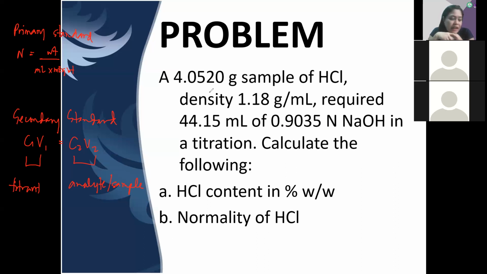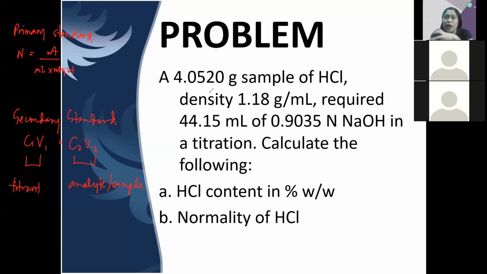Bale, mahuhulog na doon siya sa Erlenmeyer flask, and your supposedly sample, which is sodium hydroxide, will become a titrant. Kasi siya yung idadagdag using a burette. But during titration, gagamit ka ng secondary standard. So yung sample mo talaga nandoon siya sa Erlenmeyer flask, and then you are going to use another substance na liquid, this time liquid.